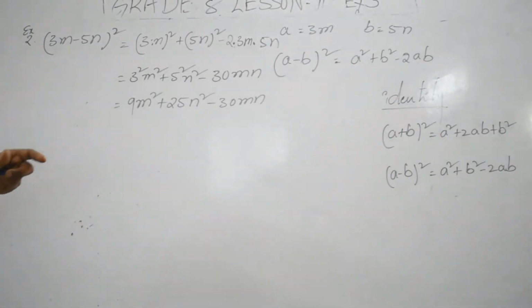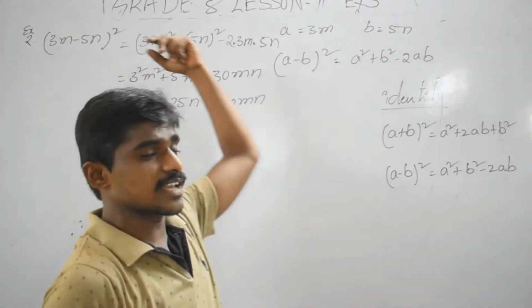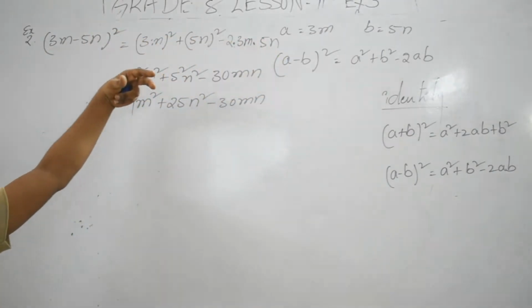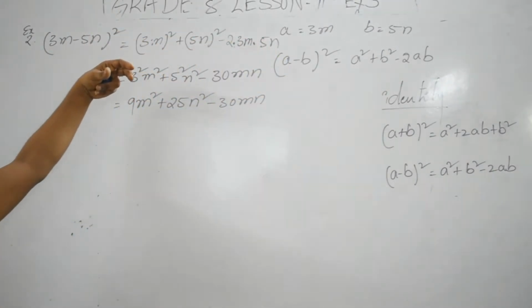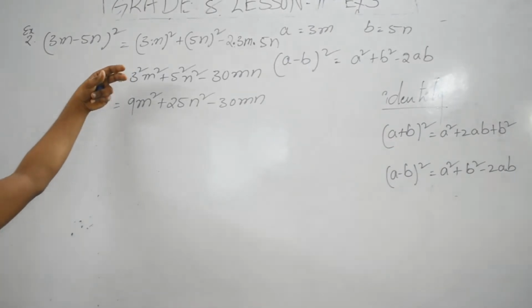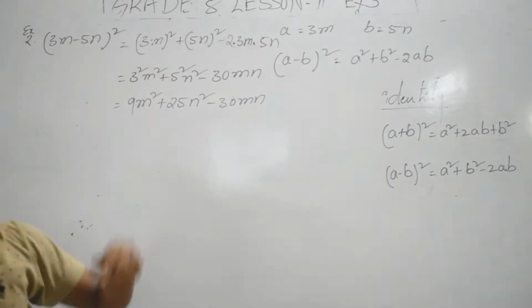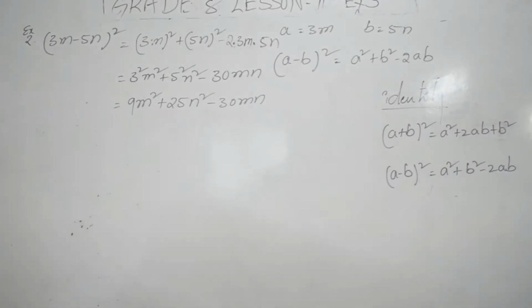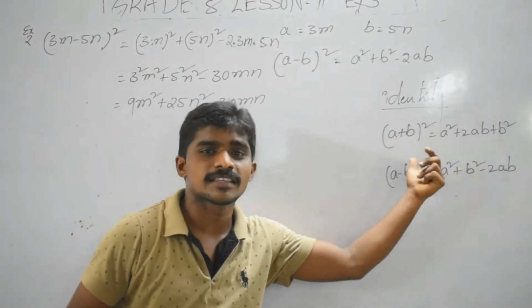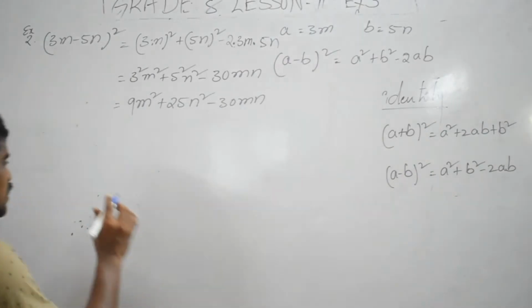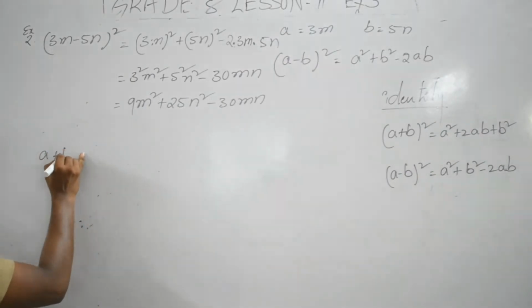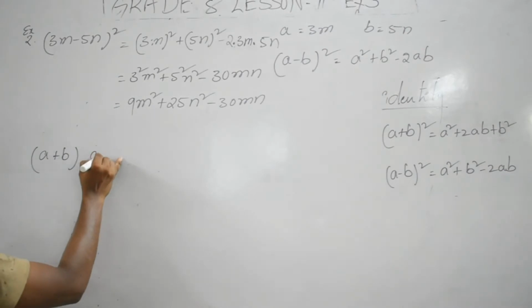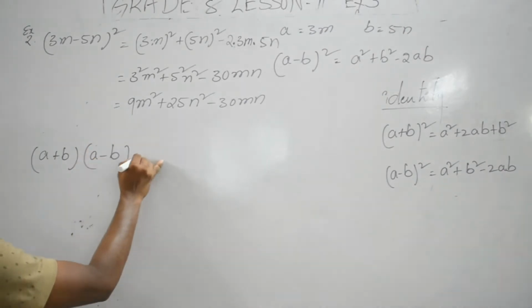Sometimes, as I said, there is no equation given. When a value is given, and LHS and RHS both are equal, that is an identity. So next one, here see, (a plus b) times (a minus b).